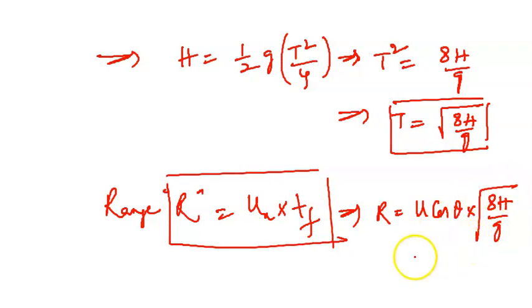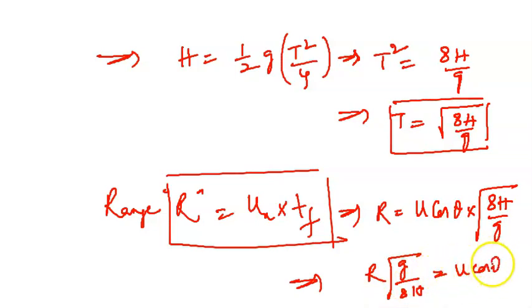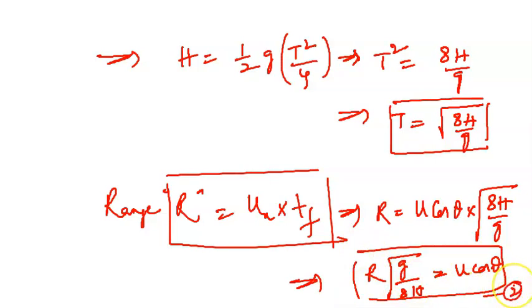Upon rearranging, R into root g by 8H is equal to u cos theta. This is equation 2.